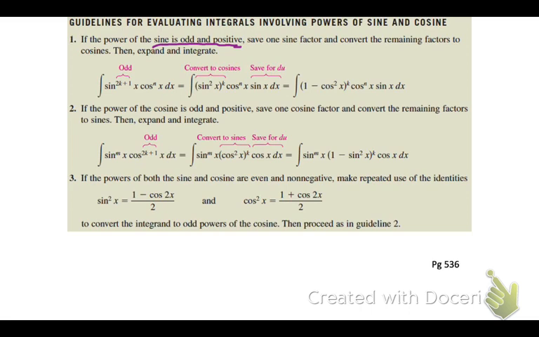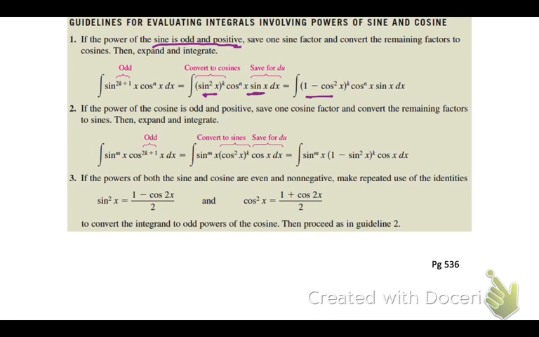So if I had sine to the 2k plus 1, that means just any odd number, times cosine, you'd pull out that sine and leave it, and then convert whatever you have left into cosine. And this used the Pythagorean identity, because 1 minus cosine squared is sine squared.